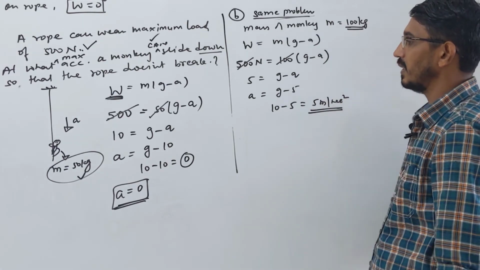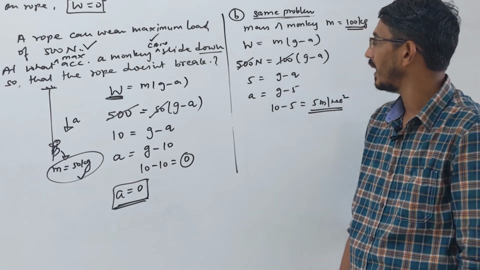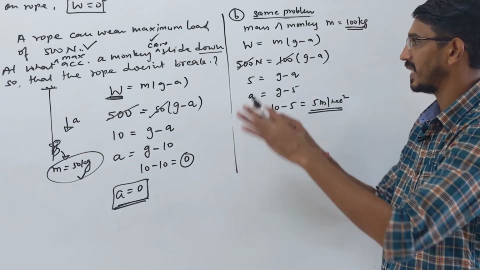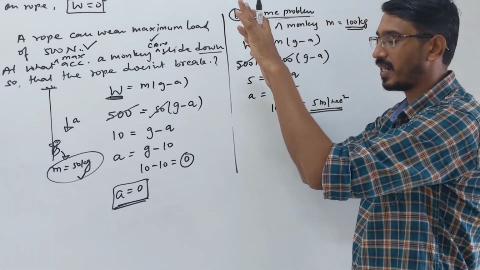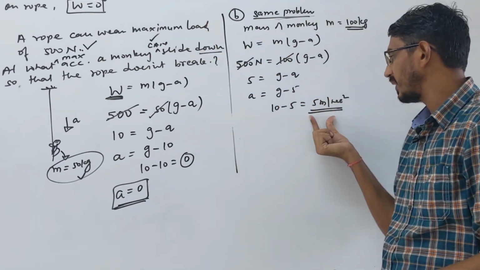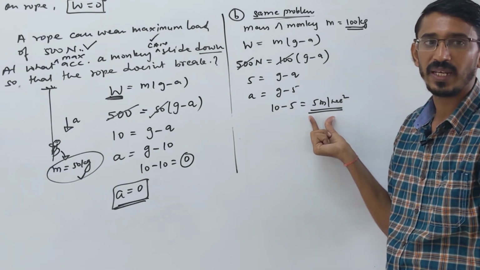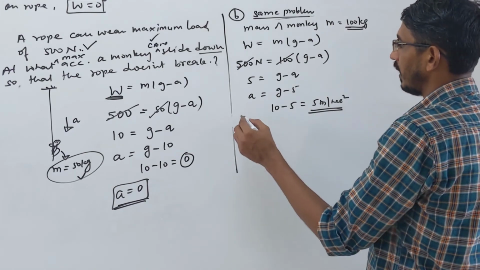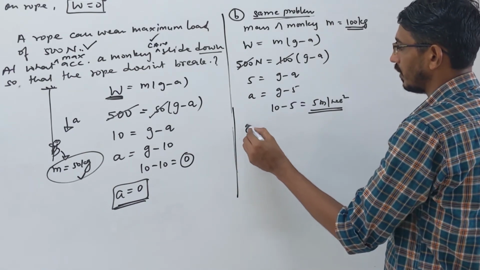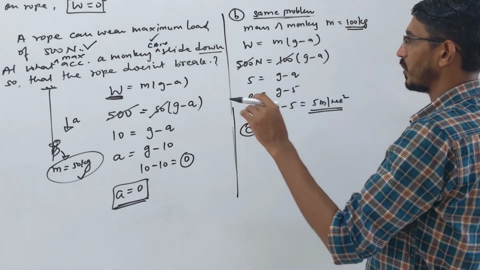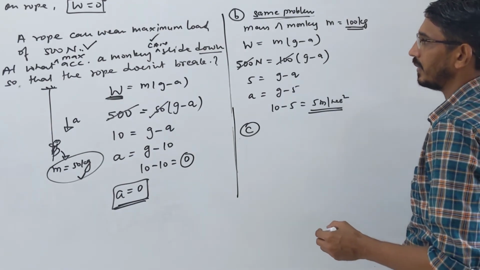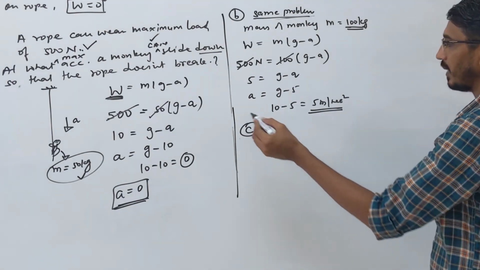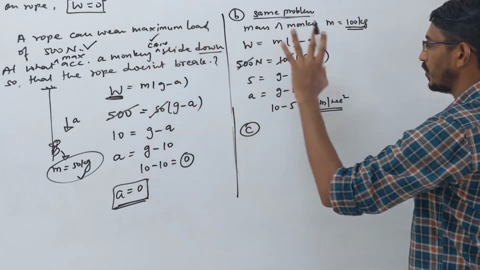Right? Now he can accelerate downward at this rate. This is the maximum value at which he can accelerate downward. Now let's change this question. Suppose he is moving upward, so I have to change the question. Let me write a complete new question because these values will not be useful.